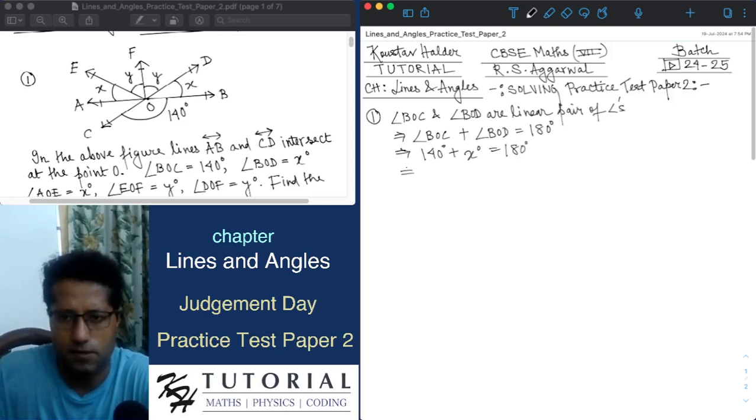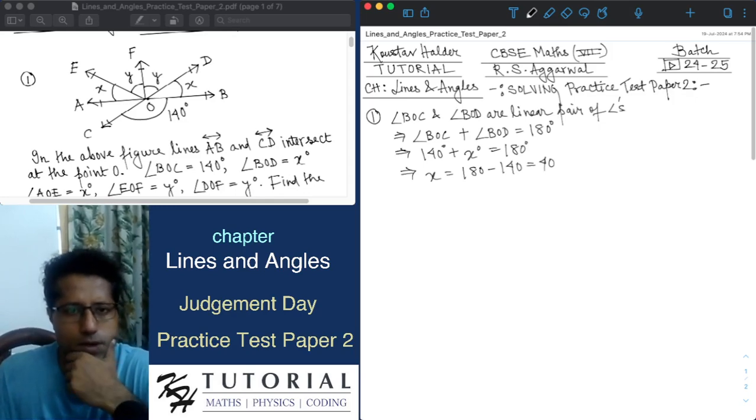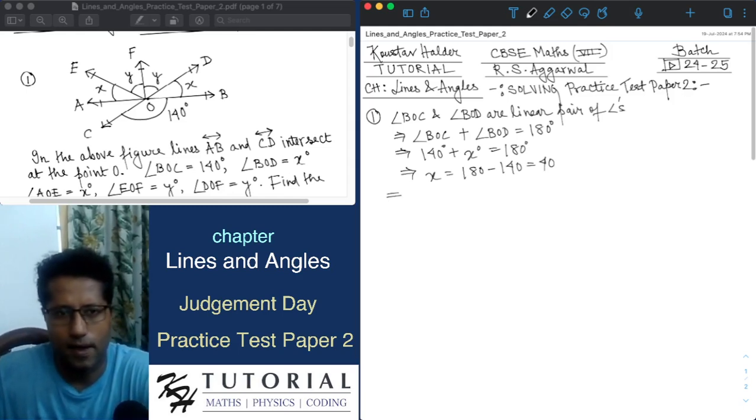Now this implies, ignoring the degrees, x equals 180 minus 140, that is equal to 40. So x equals 40 degree. Okay, what else is given? x is given to be 40 degree.